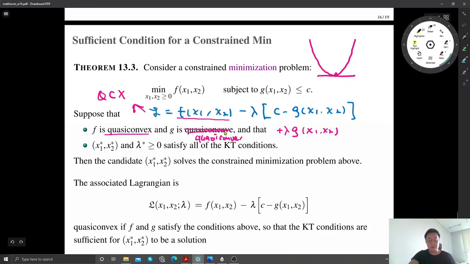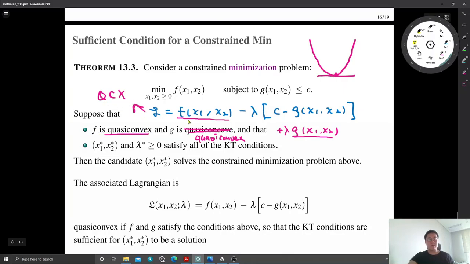Whenever we have this kind of constraint, the sign of the multiplier is still positive because I already put the negative sign in front. So it's going to be plus lambda times g. If the g function is quasi-convex, then a linear combination of quasi-convex functions is quasi-convex. So only under these two conditions can I make sure the Lagrangian is also quasi-convex.